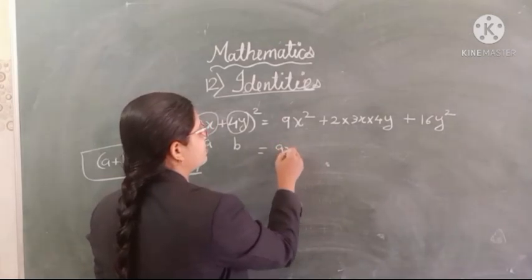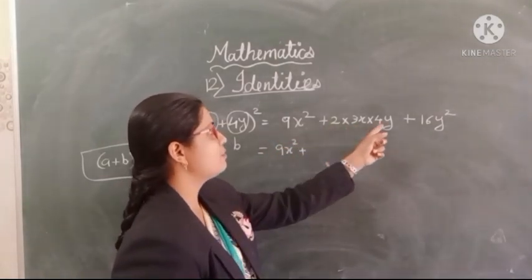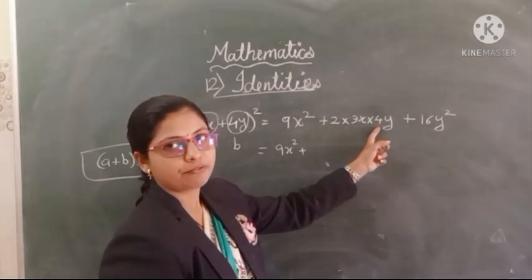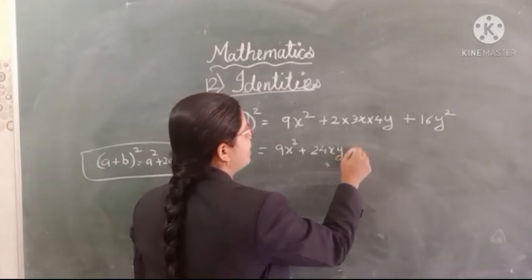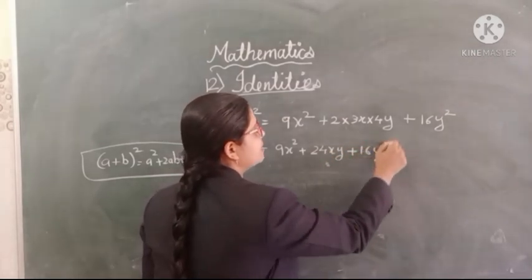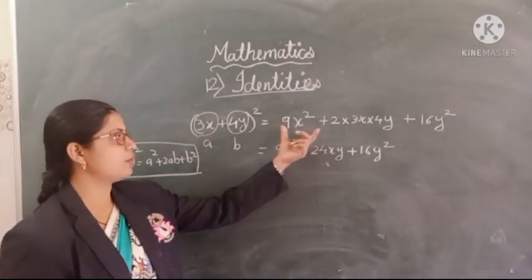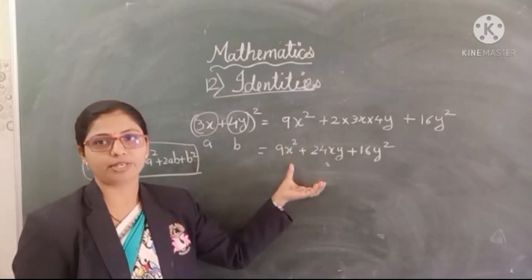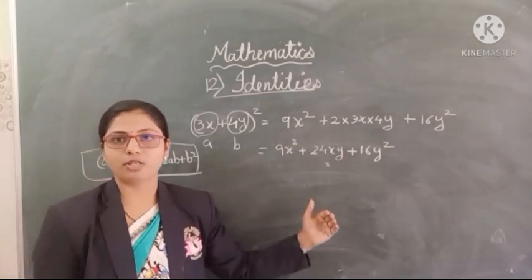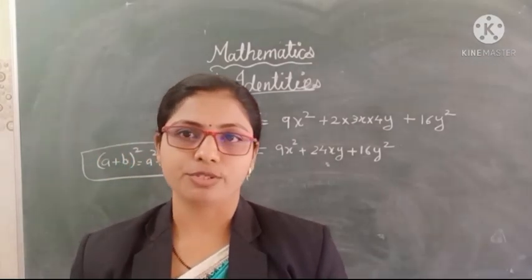So 9x square as it is, plus 2 3s are 6, 6 4s are 24xy, plus 16y square. So in this way we can go directly for the identity, use the formula and go for it. No need to solve the expansion and go for a different solution.